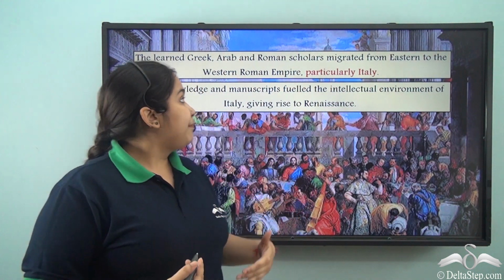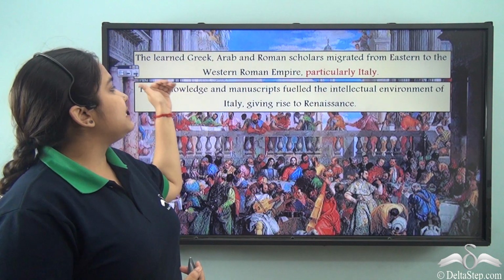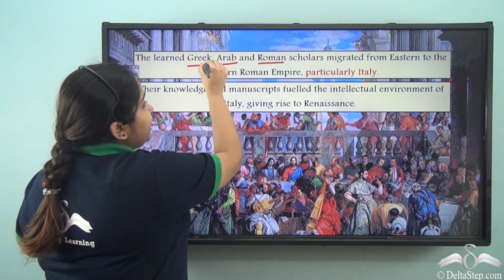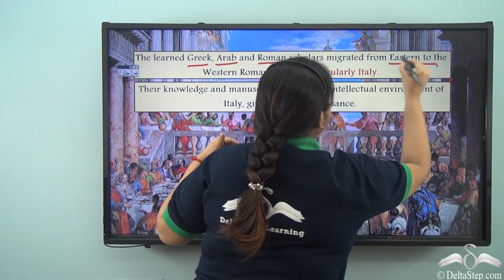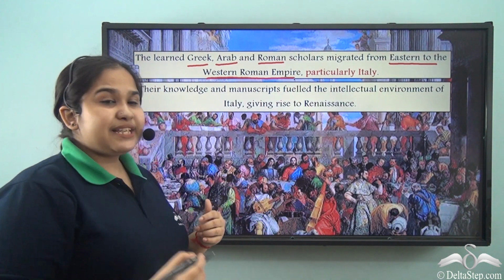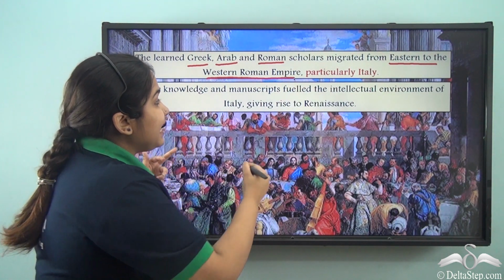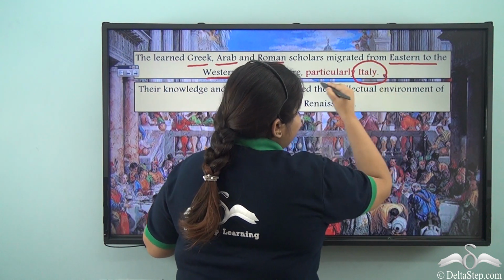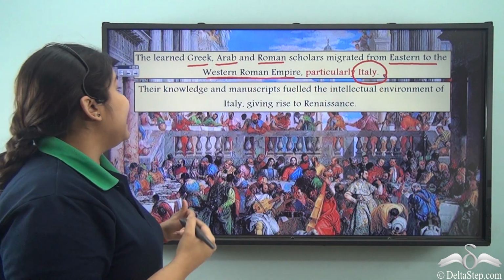So what happened was these scholars, these Greek, Arab, Roman scholars, were coming from the Eastern Roman Empire to the Western Roman Empire. The interesting fact here is that they essentially were located in Italy. So they were particularly settling down in Italy.